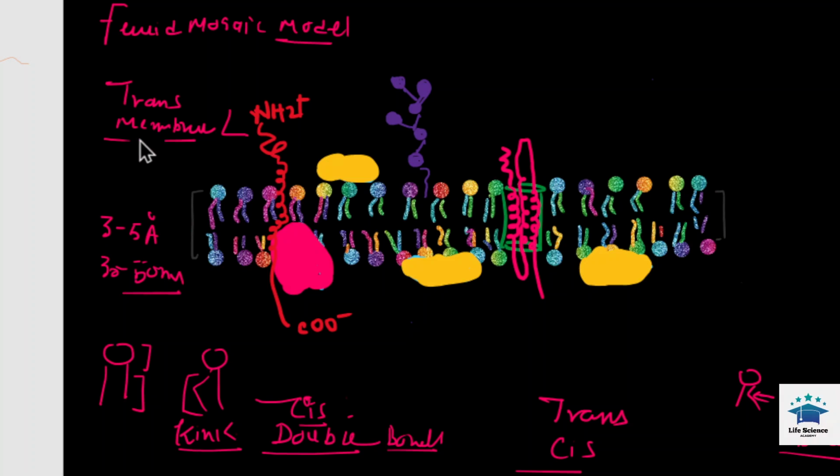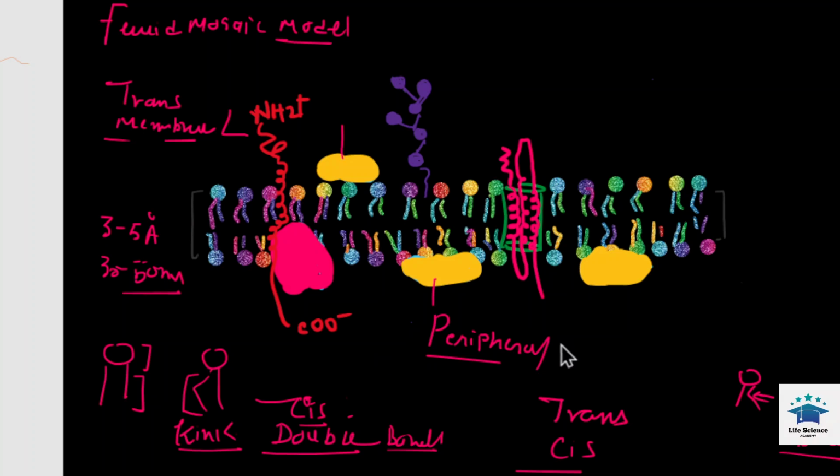Some proteins have a single-pass transmembrane domain, and some have a multipass transmembrane domain. Some proteins are only present in the periphery of the lipid bilayer. This is the peripheral protein.